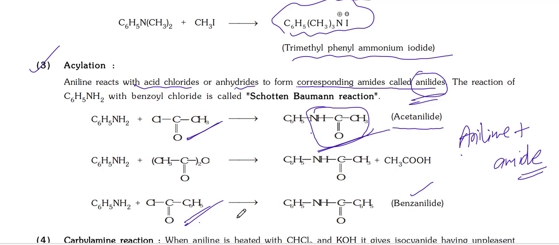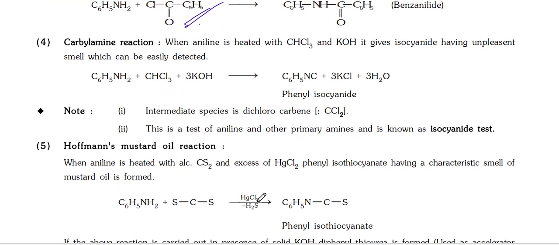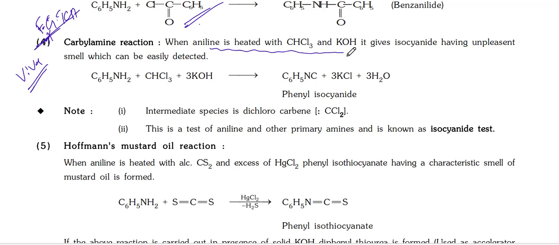Next, carbylamine test. It is also a functional group test. It is important in the viva also. Lab में important है. When aniline is heated with chloroform and KOH, it gives isocyanide having an unpleasant smell which can be easily detected. इसलिए वो identification में use करते हैं, that is the distinguishing test.